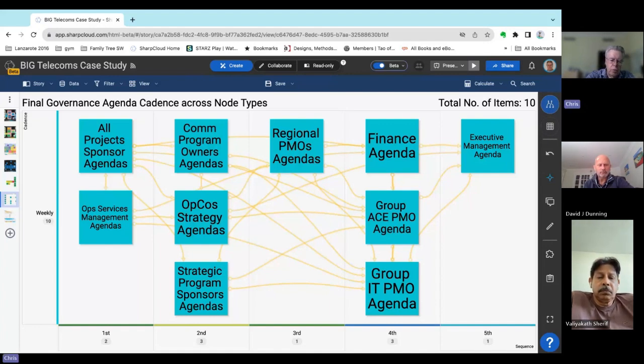And on the optimal side, that would be on a weekly basis. And so we could get the details and they would be automatically rolled up in the system to the various groups and nodes where that governance data was needed.